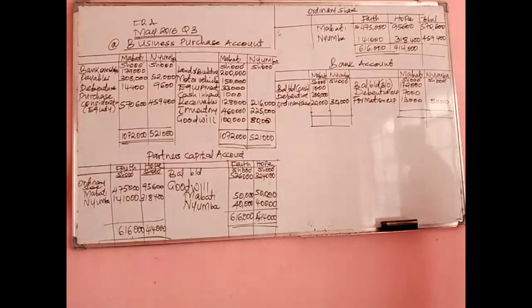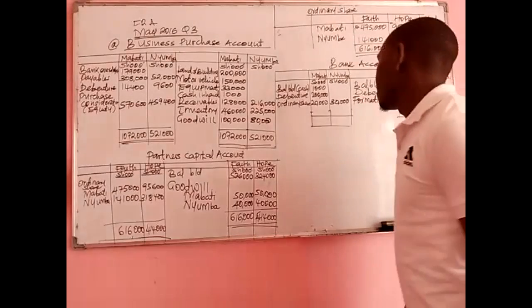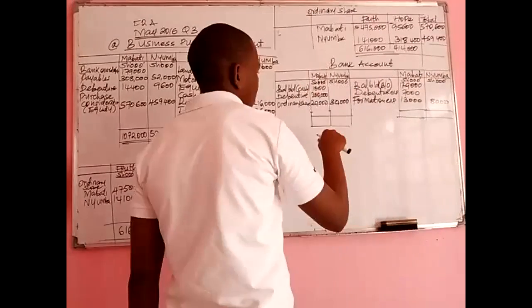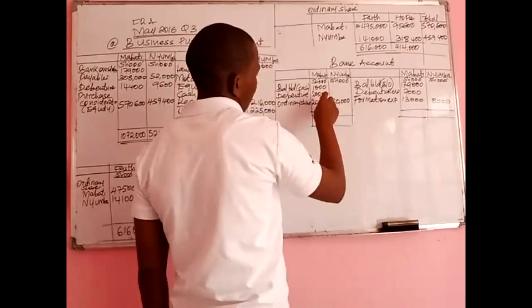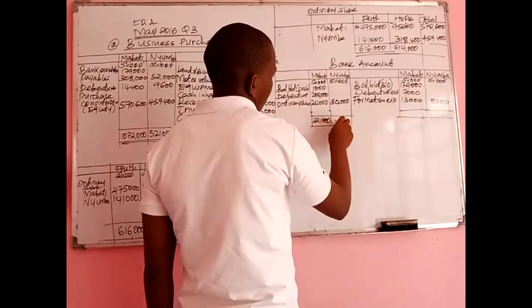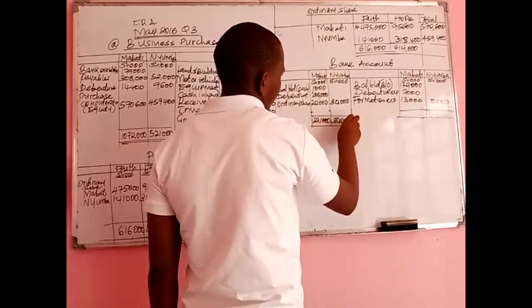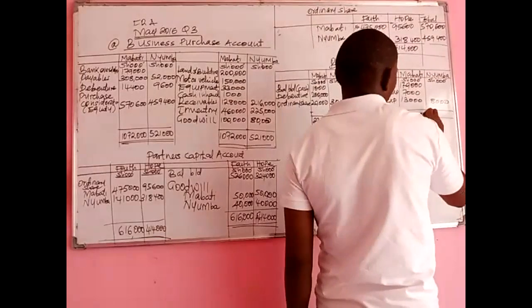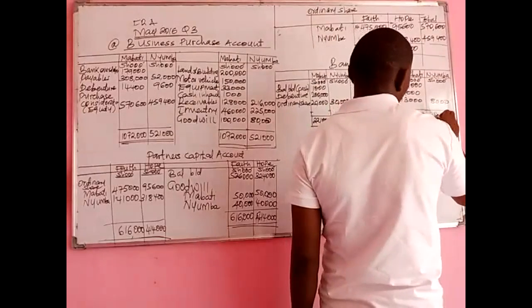So if you balance that, wako na pesa ama bado? They have the money. Do they have any cash? In a time mingi. So we need 220, 221,000. So hapa ni 221. This is 30,000.